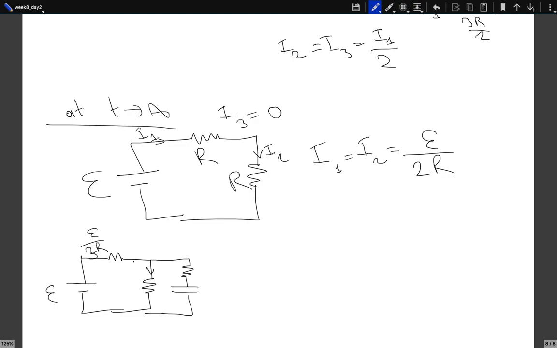The current here is also epsilon over 2R. What is the potential difference across the capacitor? That's the correct answer, but why?